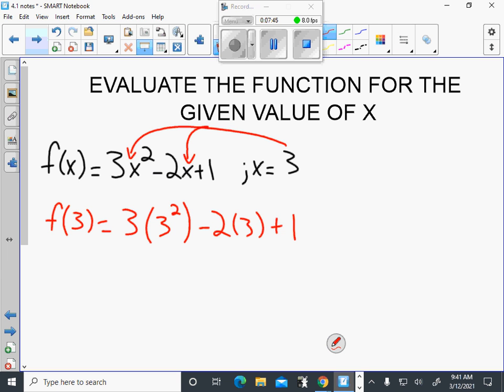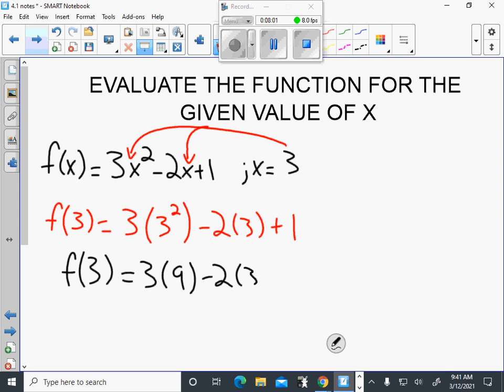And now we just do order of operations, where we have our exponent, 3 squared, which is 9, so we have 3 times 9 minus 2 times 3 plus 1.